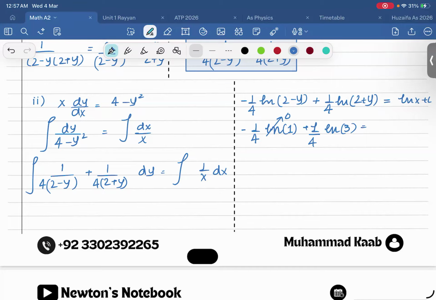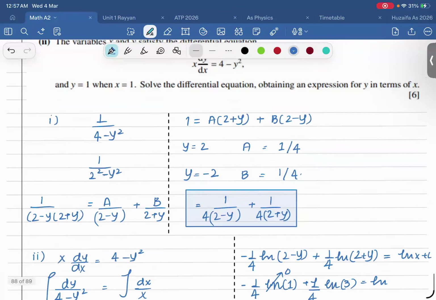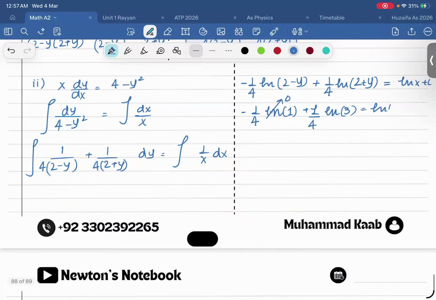And ln x, the x is also 1, so ln 1 would be 0, so plus c. So I am left with 1 over 4 ln 3, this is my c.